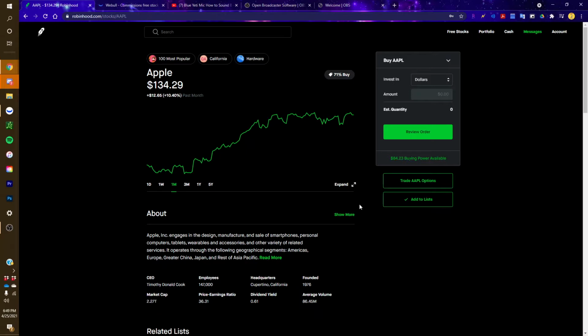So that's where we'll get into what is a call and what is a put. A call is an option contract that benefits when the stock increases in price, and a put is an option contract that benefits when the stock decreases in price. So if you think Apple stock is going to go up, you should buy a call. If you think it's going to go down, you should buy a put.